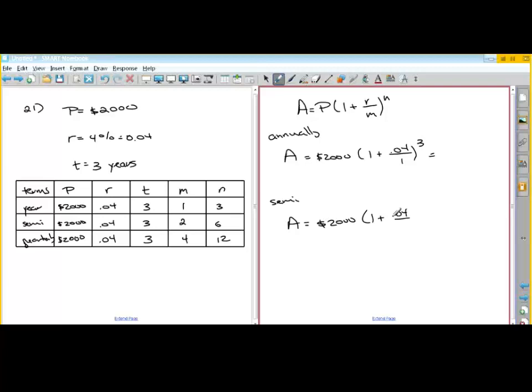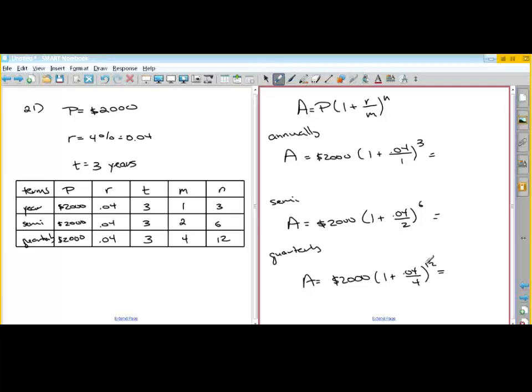So here we have $2,000 times 1 plus 0.04 divided by 2 to the 6th power. And then quarterly, we have $2,000 times 1 plus 0.04 divided by 4 raised to the 12th power. And these all should be pretty close, and of course, greater than 2,000.